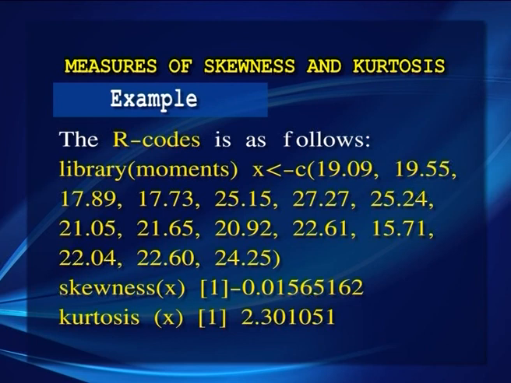The output would be minus 0.01565162, and kurtosis of x, the output would be 2.301051. So, we observe that the data is negatively skewed and it is platykurtic.